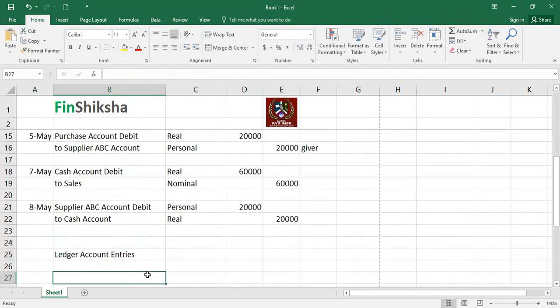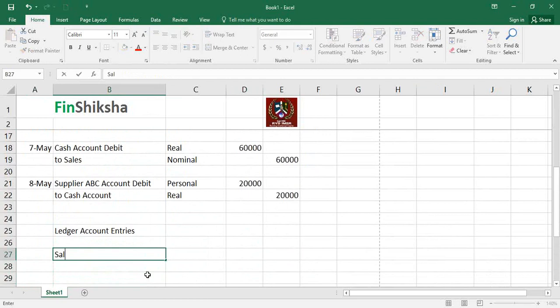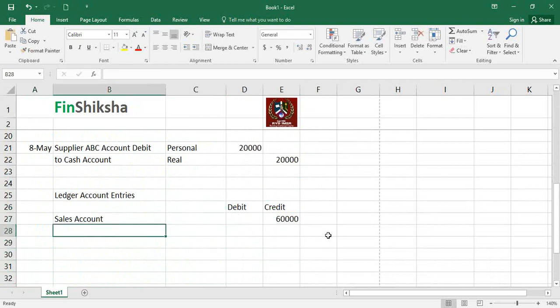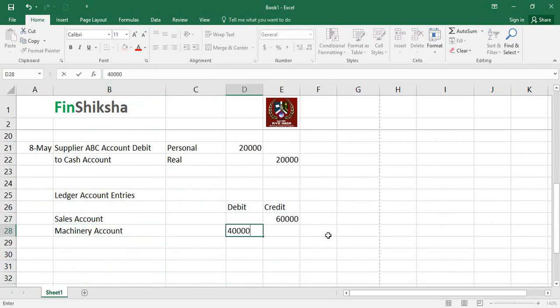So some of the entries are straightforward. For example, sales account, you will see a straight 60,000 credit that comes here, and I'm going to put credit here and debit here. Similarly, machinery account is a straight 40,000 debit, right? But if you look at something like the cash account, that's going to have a lot of debit and credit.